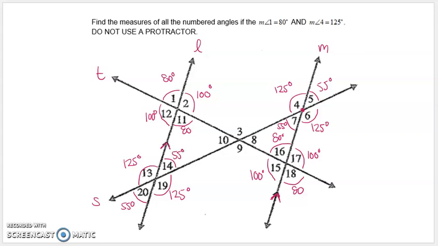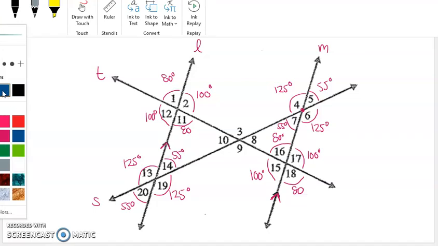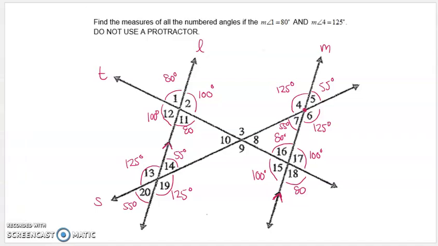Okay, now all we have is these angles in the center, and I'll do those in a different color just so they stand out. So let's see, we have the measure of 11 plus 14, or 80 plus 55 degrees. So 80 and 55 degrees for 11 and 14 is 135 degrees.